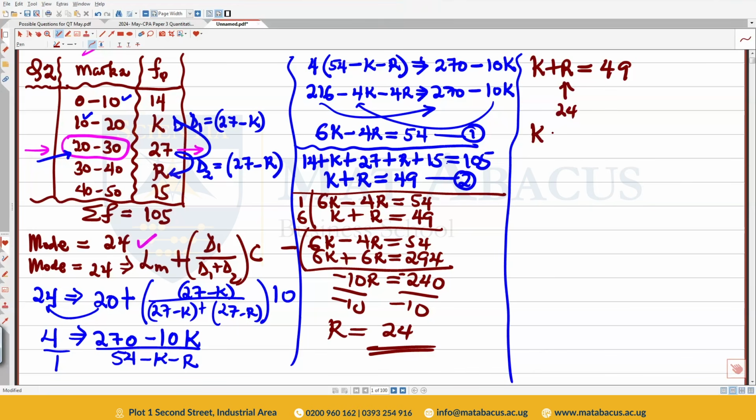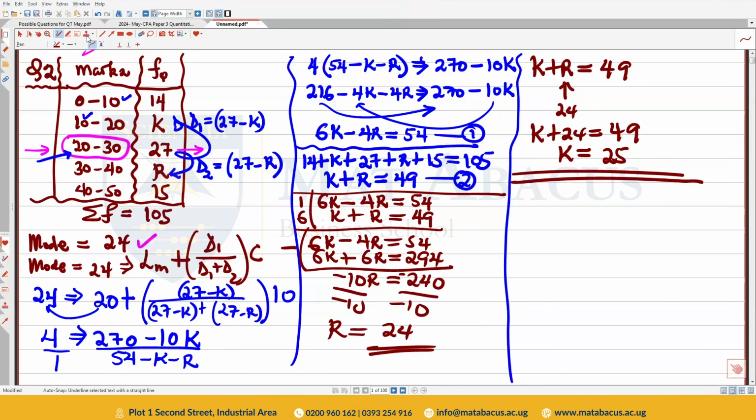So that means K plus 24 is equal to 49, meaning your K is equal to 49 minus 24. So your K is a smart 25. Please make sure you don't forget that in the paper.